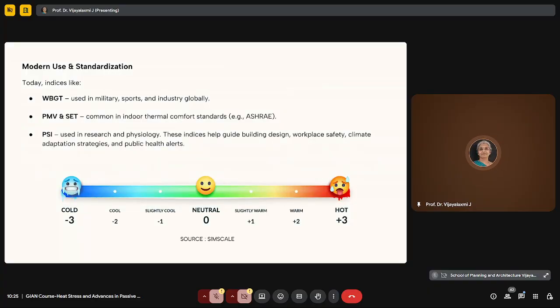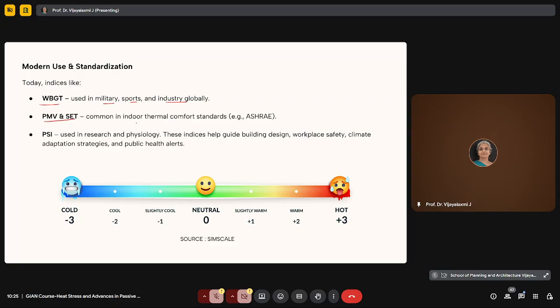Now we will see what happens in the modern period. So today, what do we use? Indices like WBGT are used primarily for military, sports, and industry, globally. WBGT is also used for indoor thermal comfort.